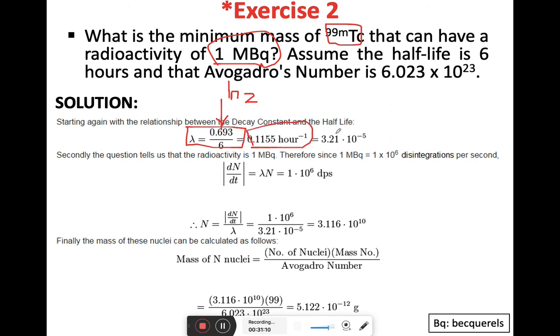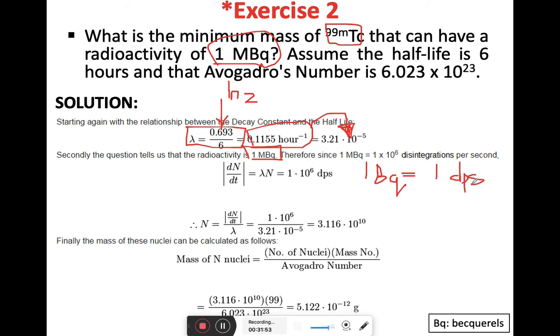Now, because you are dealing with seconds, you need to change it to per second. I'm not going to show you how. Try to solve it by yourself, it's pretty simple. The question gives us the radioactivity as 1 megabecquerel. We know that 1 becquerel equals 1 disintegration per second, 1 DPS in short.